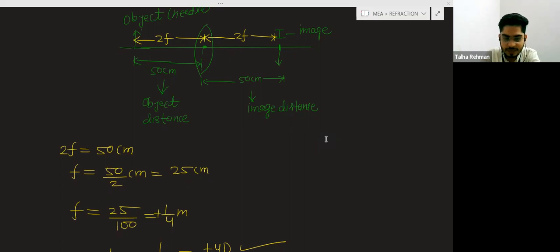So I will give you the advice that always try to make the diagram. When you draw the diagram, your understanding level will be better. Otherwise, you know the power is equal to 1 upon focal length, and you will have the value. You will not understand anything, but you can solve the question and you will get the marks also.